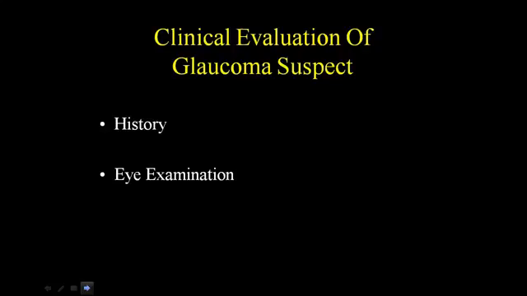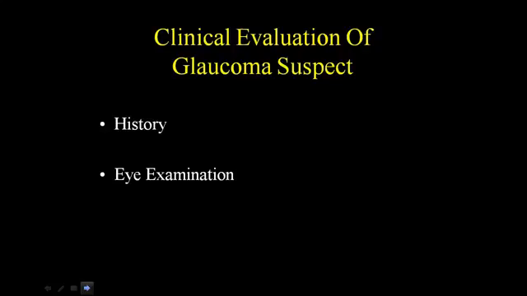In relation to the medical history, you have to ask if the patient is allergic to sulfur drugs, or you have to inquire about any renal disease. So those patients who are allergic to sulfur drugs or who have any renal disease are relatively poor candidates for the carbonic anhydrase inhibitors.